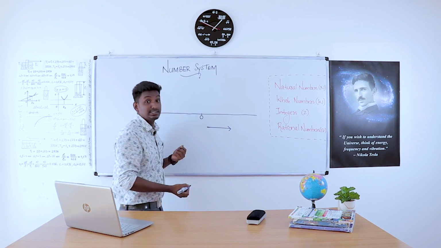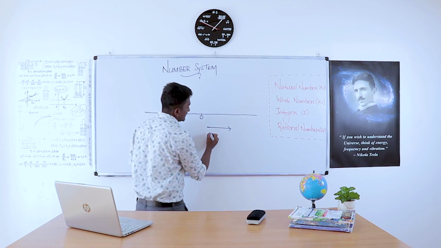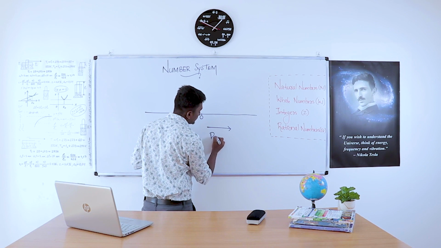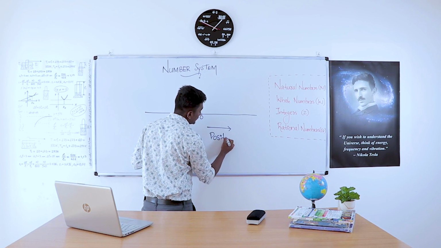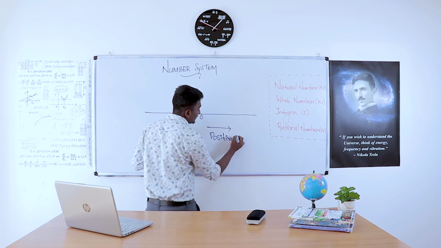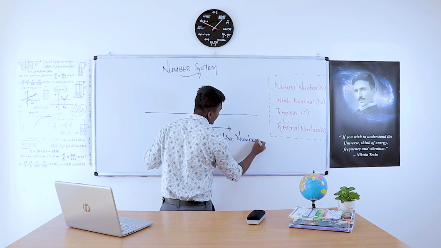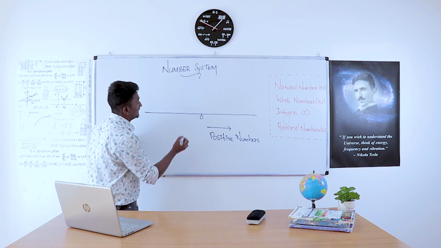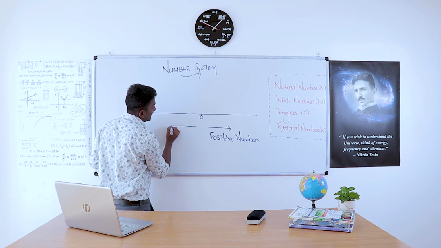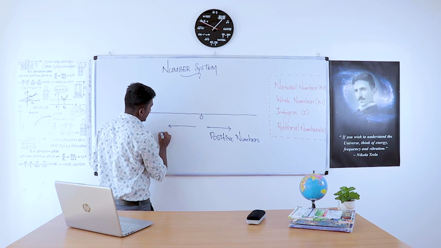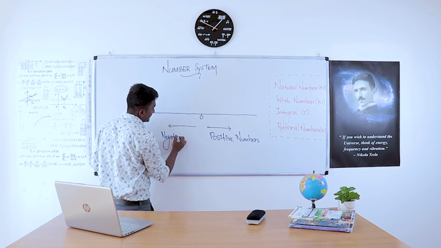Towards the right of the 0, there are positive numbers. Then towards the left of the 0, there are numbers called negative numbers.